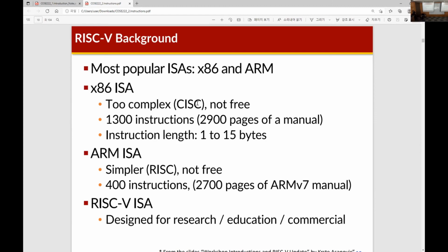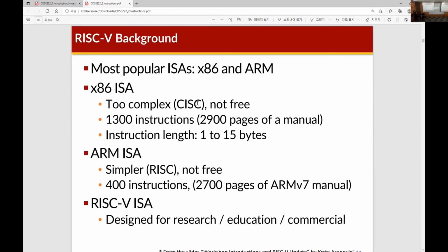And how about the instruction length? The assembly code is just normal words, very similar to English words, but these assembly instructions are translated into digital signals, digital data, which is composed of 1s and 0s.